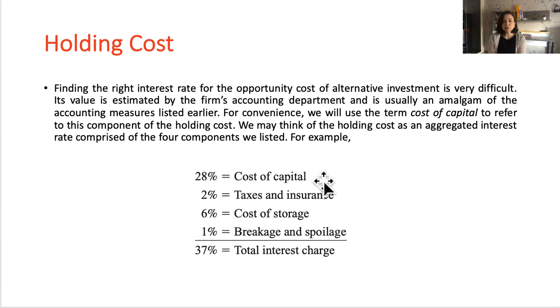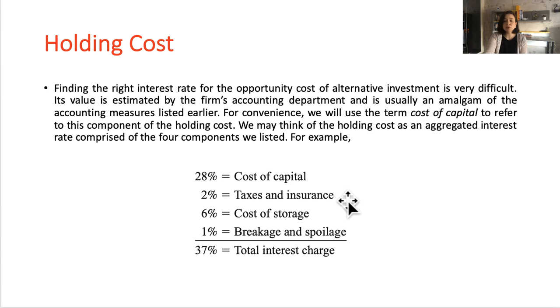It means that if we have an item with a cost of $100, and this cost of capital is annual, then instead of holding an inventory of this item for a year, if we make an investment of $100 on an alternative investment, we know that we will earn $28. For that reason, we determine our cost of capital as 28%.